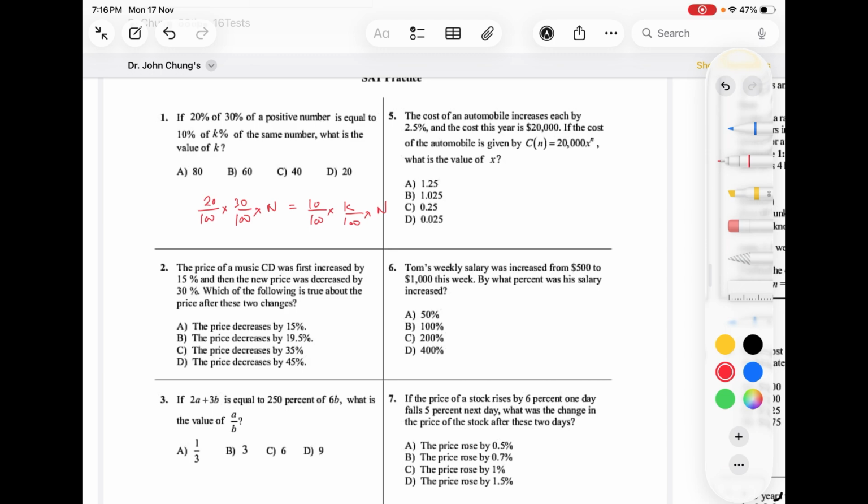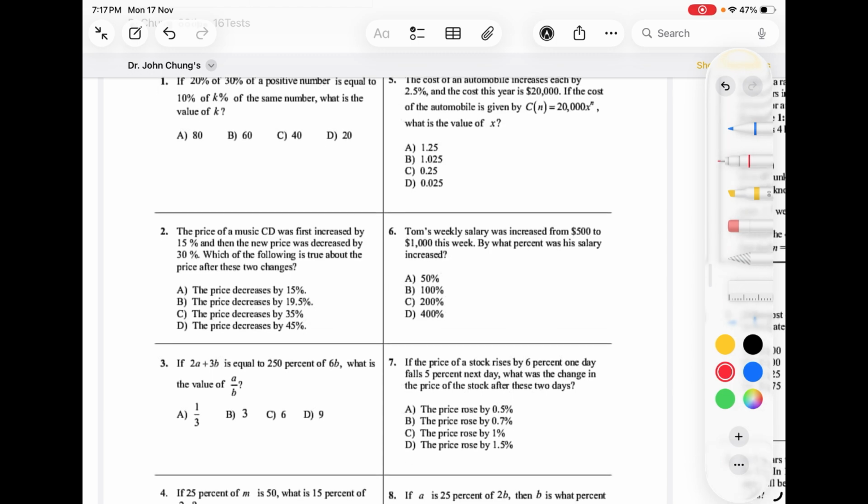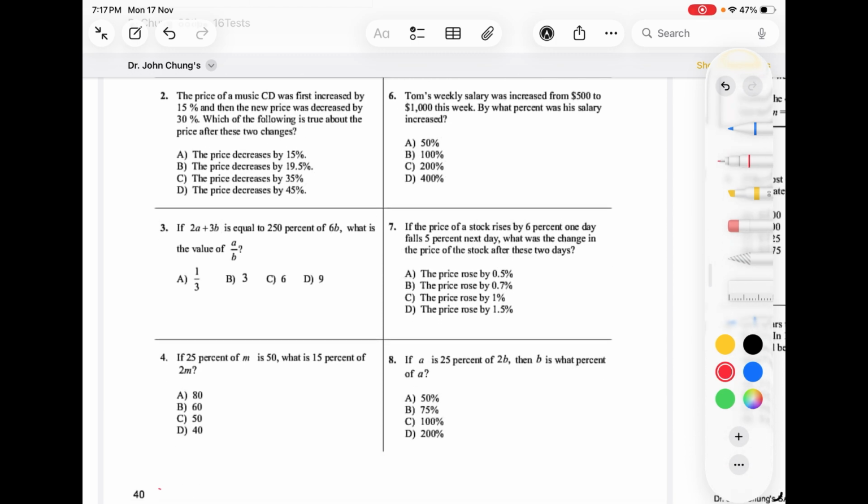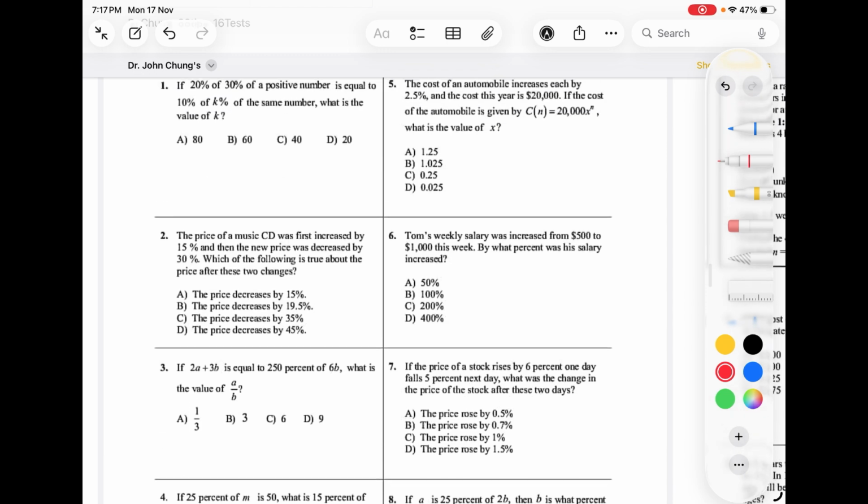So what we can do, we can simply cancel the common things from both sides. N and N will also cancel. We get k equals 2 times 30, which is 60. So the answer is 60. Next question. Now here students, you can just pause my video, do these questions, right, and come back for the solutions.